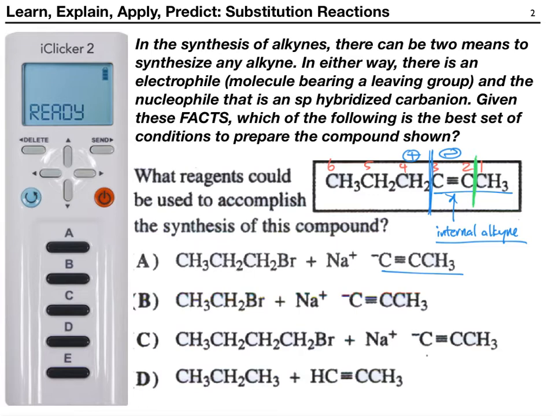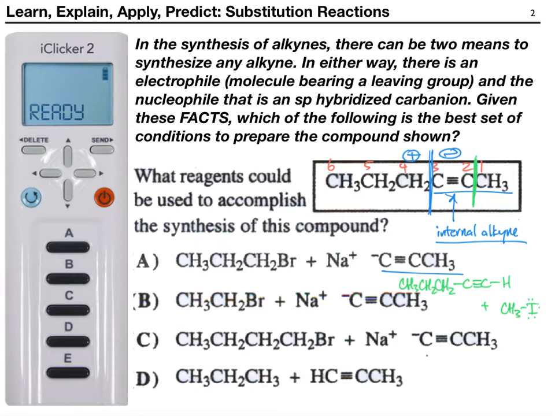So the alternative pair would be 1-pentyne and, say, methyl iodide. So here's your 1, 2, 3, 4, 5, 1-pentyne and methyl iodide.